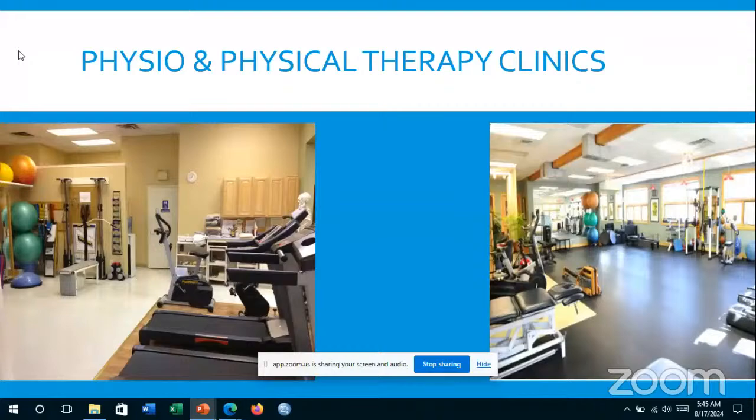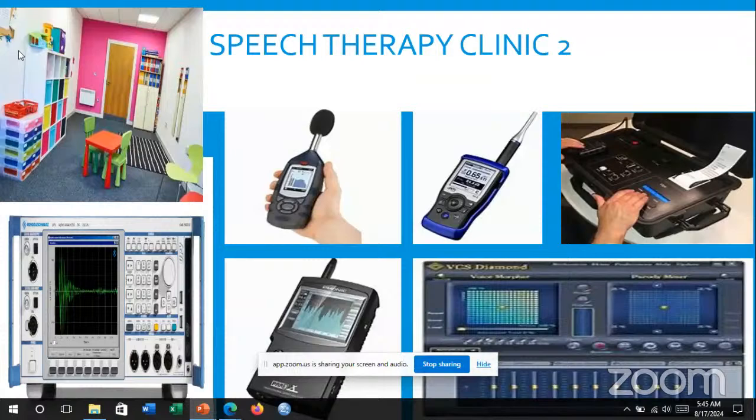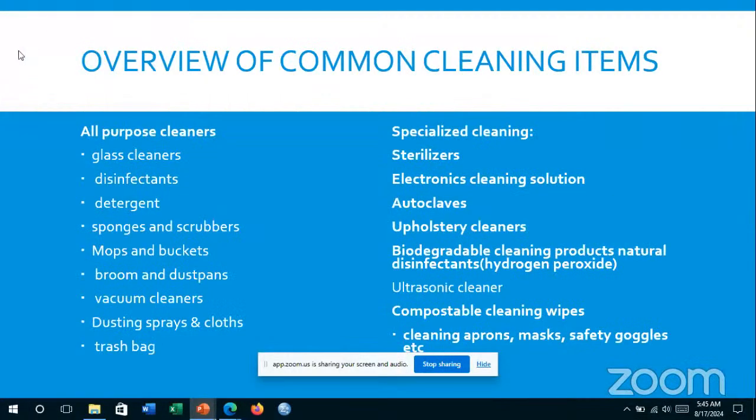That means when you are talking about setting up a hearing loss clinic with equipment called audiometers, let your motives be well defined for you to know whether you are buying a monitoring audiometer, diagnostic audiometer, or screening audiometer. As you know, a screening audiometer may not necessarily have a bone conduction vibrator.